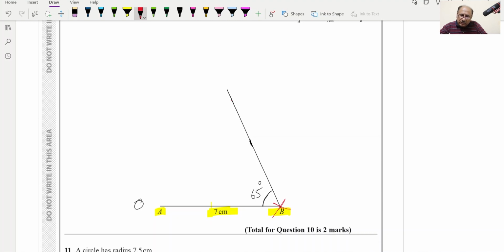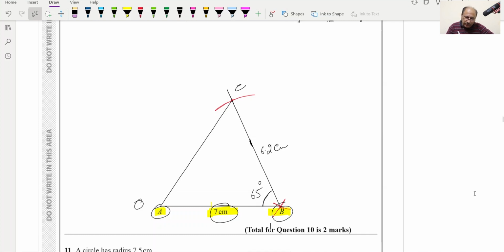So we can take up to this one, and we will make an arc over here, and we can draw the arc like this. You will have to keep your arcs as they are. This will be your C point, and this is 6.2 centimeters, and that's all. A is this one, B is this one. So this is how we can complete the drawing.